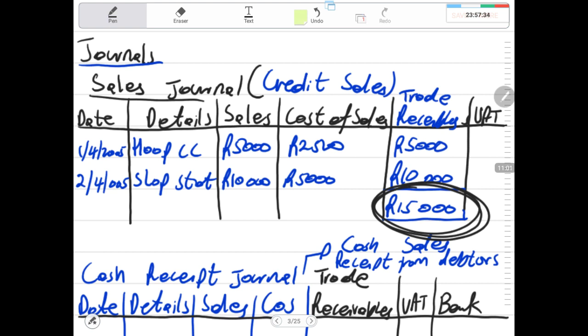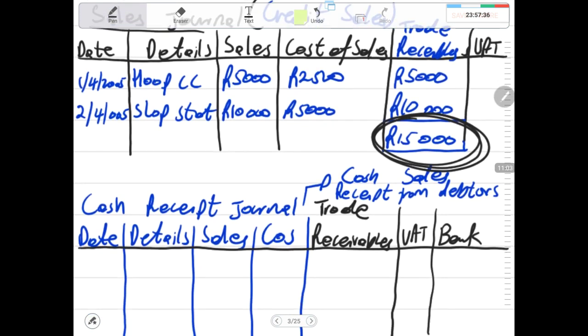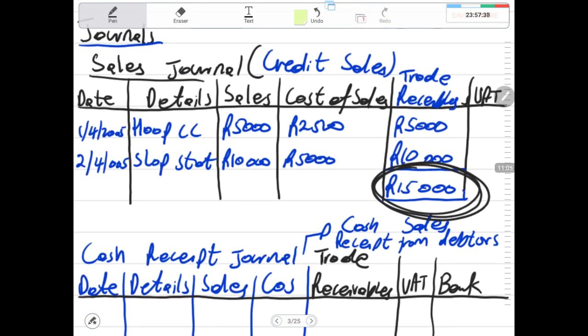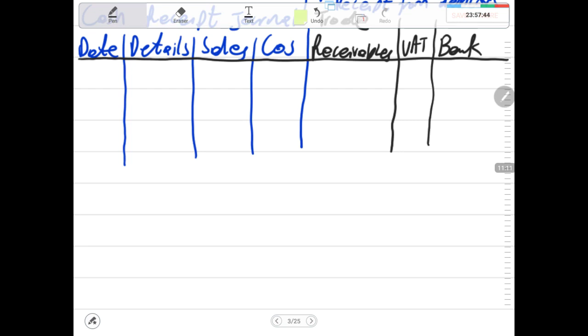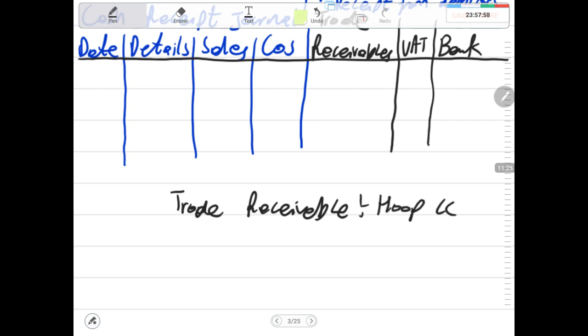The second part: we need to know the individual account for each customer. How much does Hoop CC owe us? That is where we open a ledger account, which is the trade receivable for a specific customer. Then we'll have the trade receivable specifically for Hoop Close Corporation.